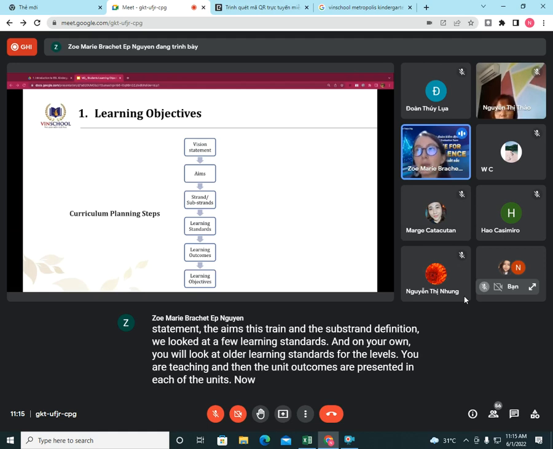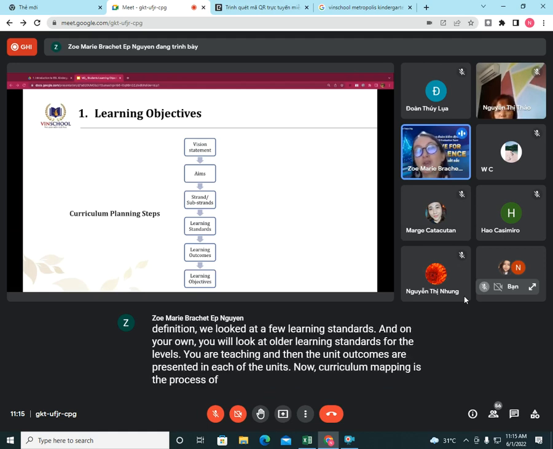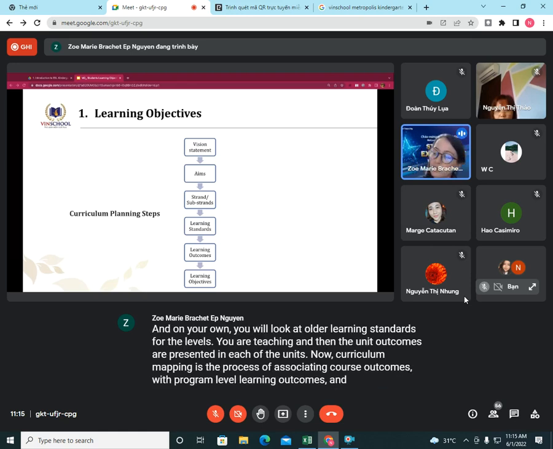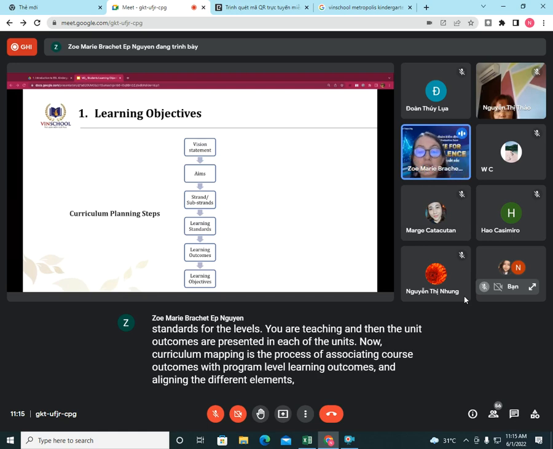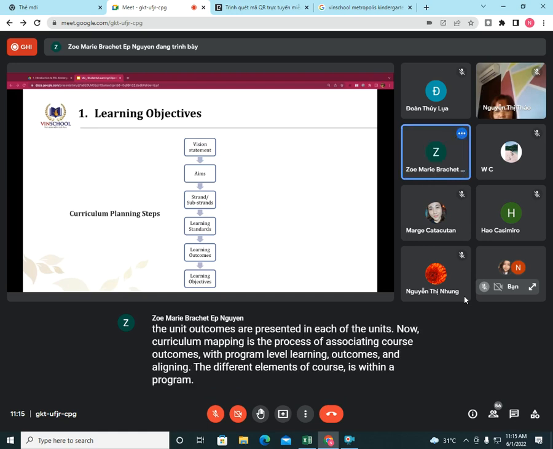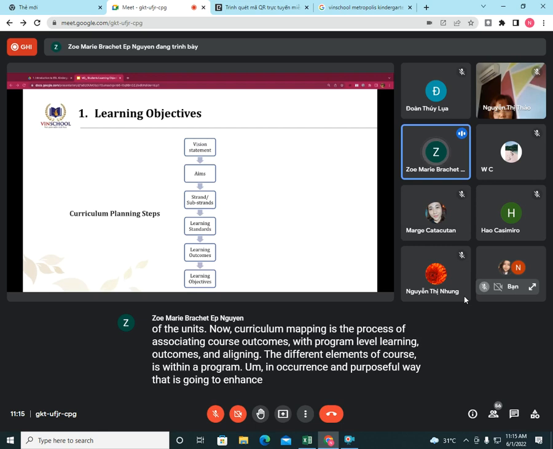Now, curriculum mapping is the process of associating course outcomes with program-level learning outcomes and aligning the different elements of courses within a program in a coherent and purposeful way that is going to enhance student learning.